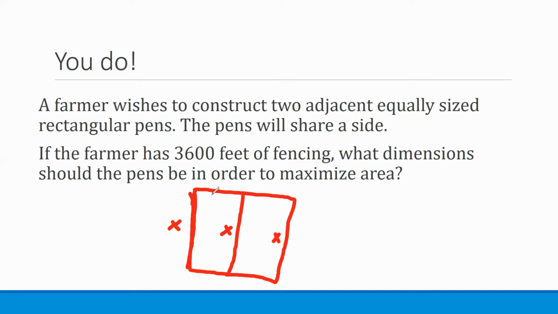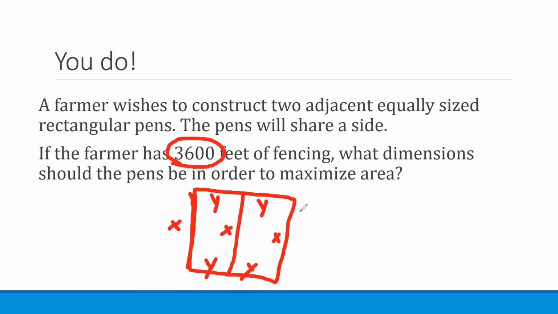And if I call this measurement Y, if each pen has length X and width Y, then we have a total of 4 Ys and 3 X's we're adding up. That is going to equal the 3,600 feet of fencing.